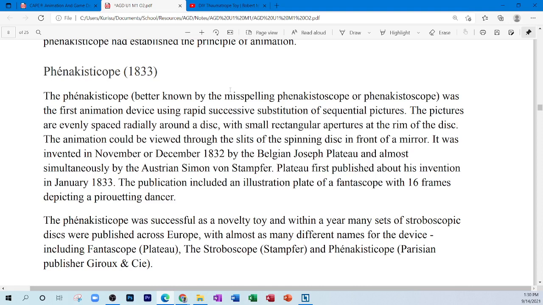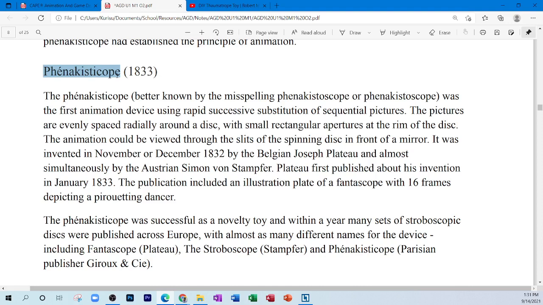Plateau first published about his invention in January 1833. The publication included an illustration plate of a phantoscope with 16 frames depicting a pirouetting dancer.